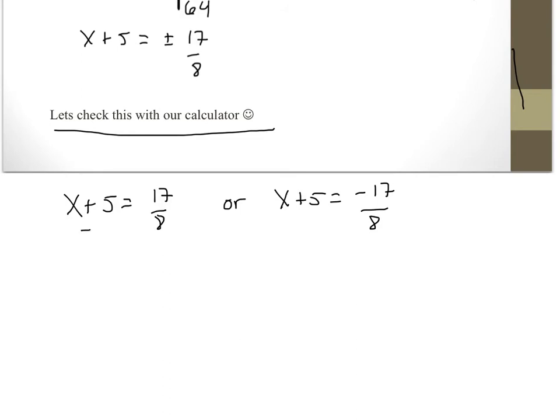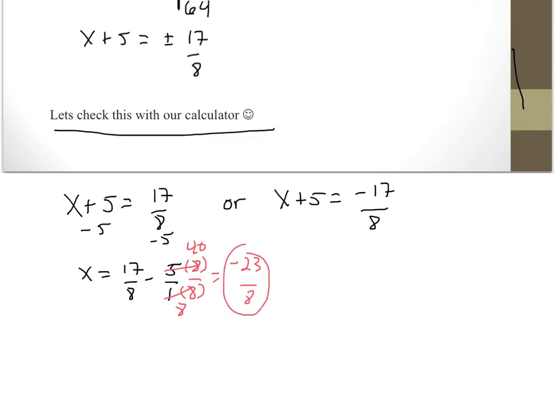Okay, so I need to subtract 5 from both sides. Well, in order to add or subtract fractions, we need to get a common denominator. So I need to multiply both the top and the bottom by 8. And that's going to give me 40, and that's going to give me 8. So 17 minus 40 is going to be a negative 23 over 8.